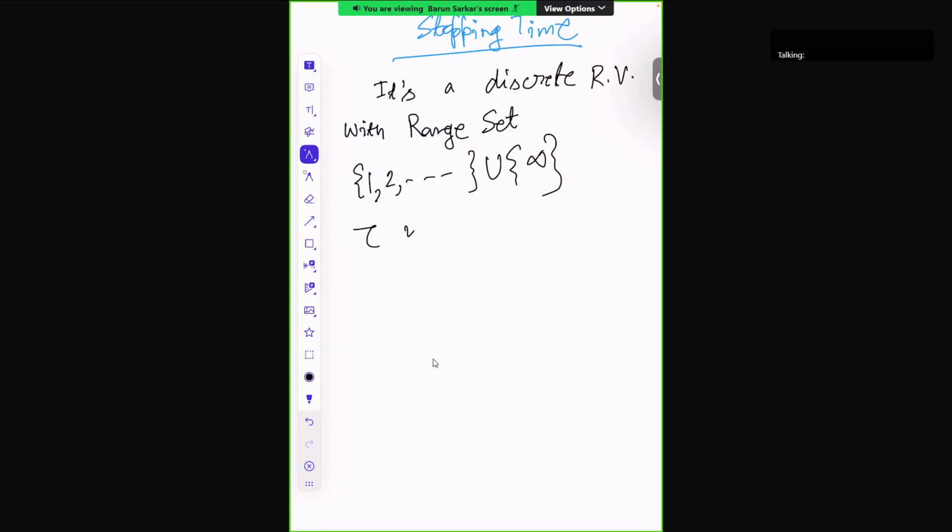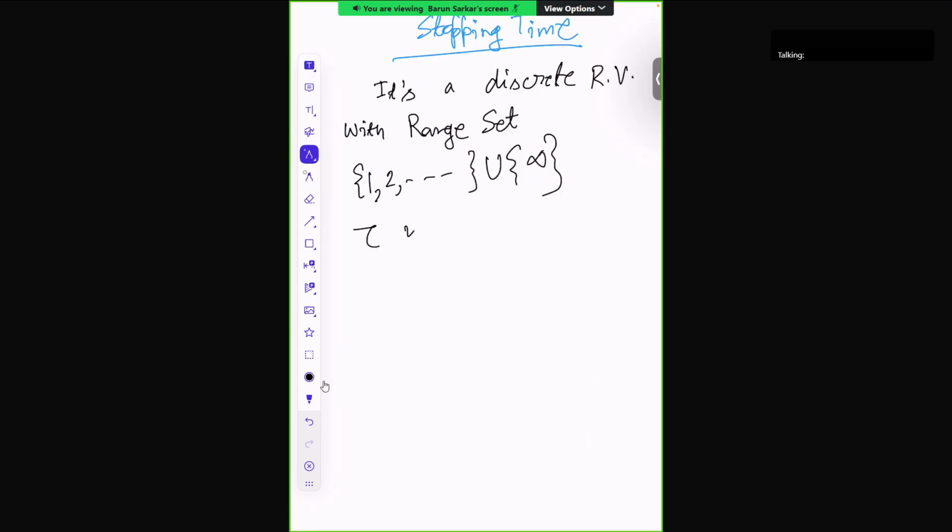So it's a discrete random variable. This tau is a random variable with values in this set, and it is called a stopping time.